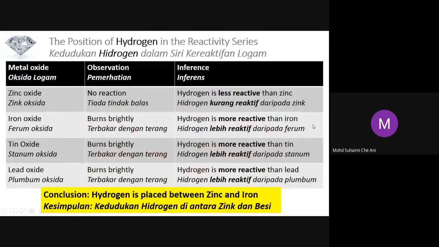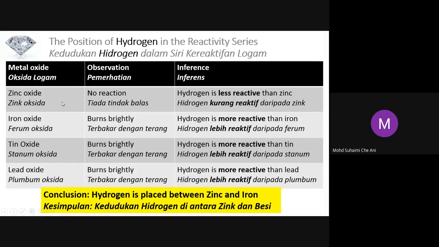Okay, same thing like the carbon case. So this experiment is repeated using different kinds of metal oxide, for example zinc oxide, iron oxide, tin oxide, and lead oxide. So they did the reaction and then observed the result.